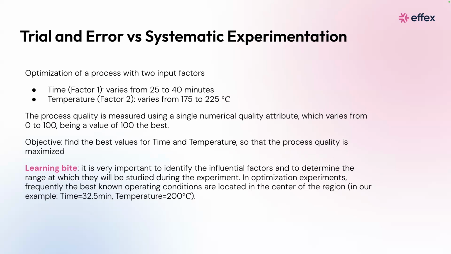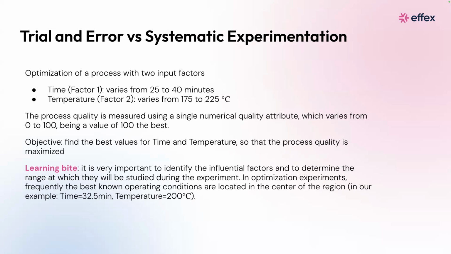The process quality in this toy example is measured using a single numerical quality attribute that goes from 0 to 100, and 100 is the best value. So the objective is to find the best values for time and temperature such that the process quality is maximized.